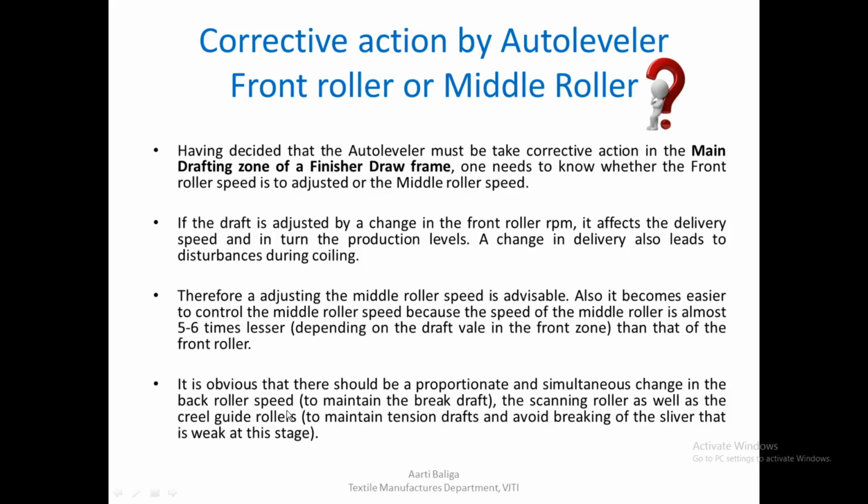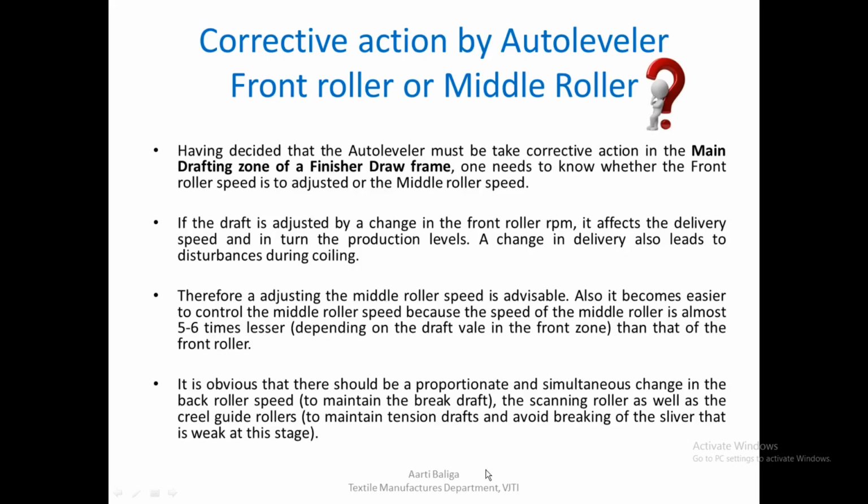So if we have decided that we are going to change the middle roller speed to change the draft in the main drafting zone, then since the middle roller speed change would affect the draft in the back zone of the drafting system, we must see to it that the back zone draft remains unchanged, because the back zone draft is nothing but the brake draft, and we cannot afford to keep on changing the brake draft every time any kind of corrective action is taken by changing the middle roller speed.